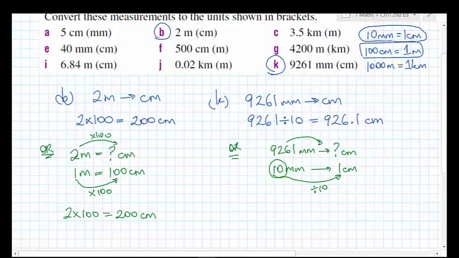So if I do the same thing to go across here, I divide by 10 here as well, and I end up with 9261 divided by 10, which then gives me 926.1 centimeters as my conversion.